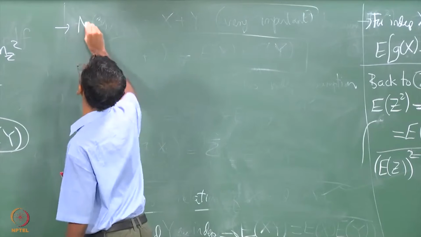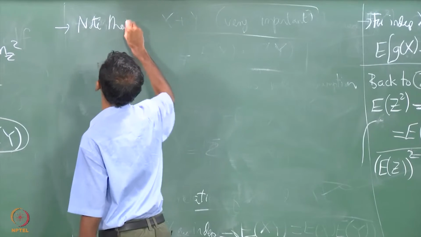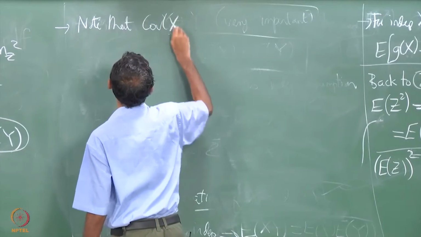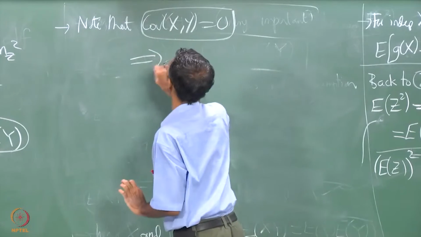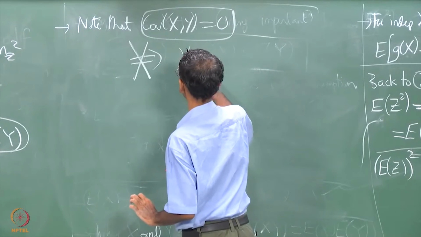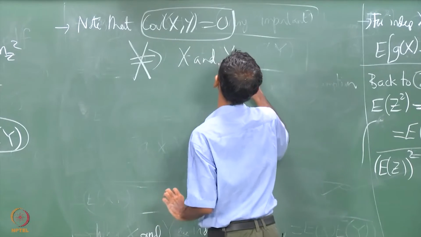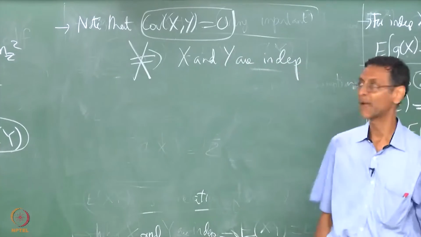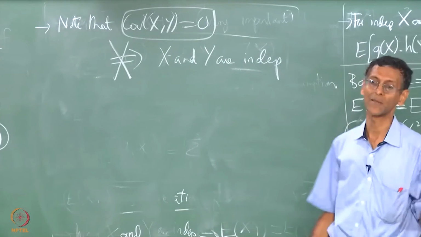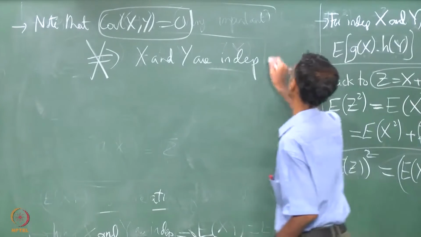So this in general does not imply that x and y are independent. Covariance x y can be 0 without x and y being independent in general.